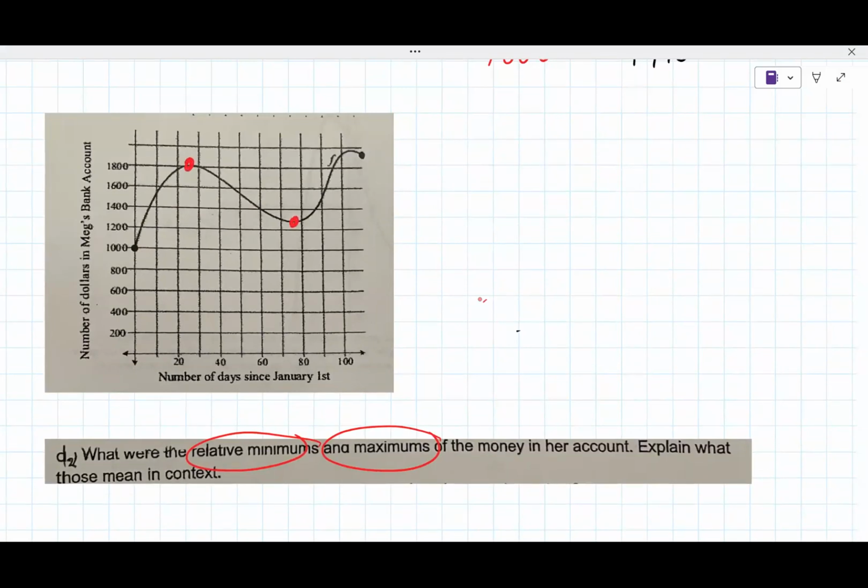These are the peaks and the valleys, but they're not necessarily the highest point. Which is the peak, which is the valley, A and B? If you're not sure about those words, go ahead and look them up on the internet. What's a peak? What's a valley?